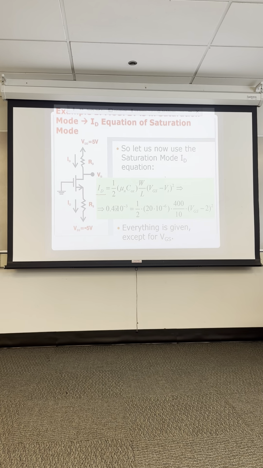So there's 20 times 10 to the minus 6, and then the milliamp is 0.4 times 10 to the minus 3. And since we do not have the source voltage, the only unknown in this equation is the gate to source voltage.